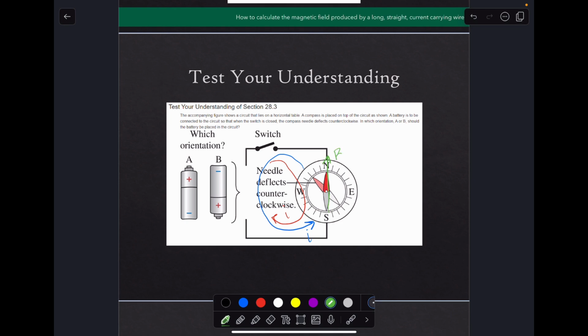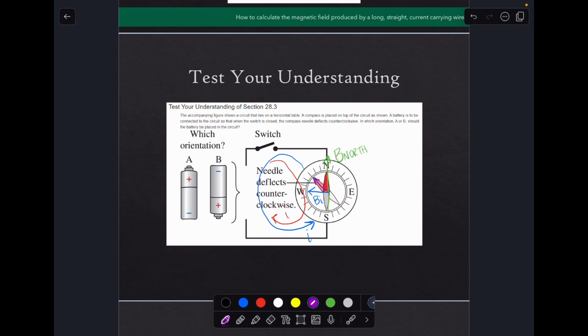Before we have current flowing, we have a magnetic field pointing straight north. And once the current starts to flow, in order to achieve a deflection like this, we're adding a magnetic field in this direction, which I'll call BI, the magnetic field that the current produces.